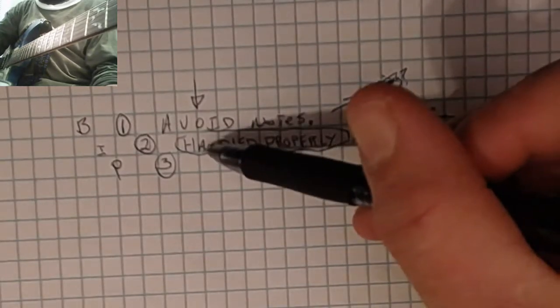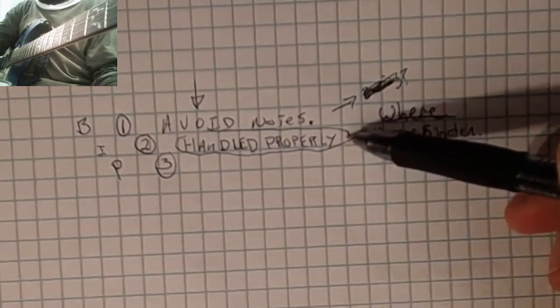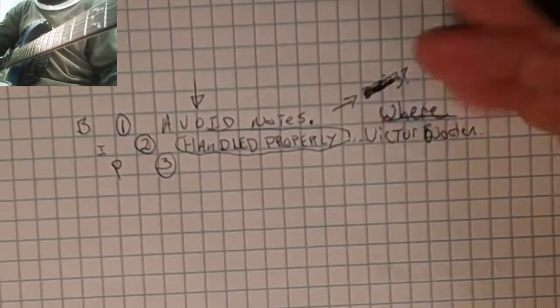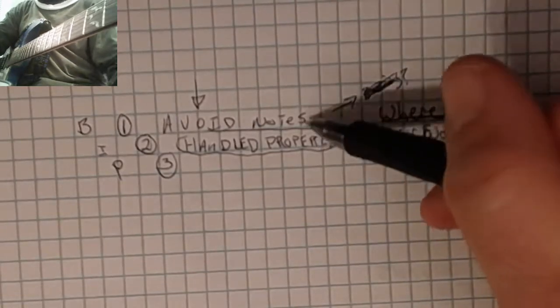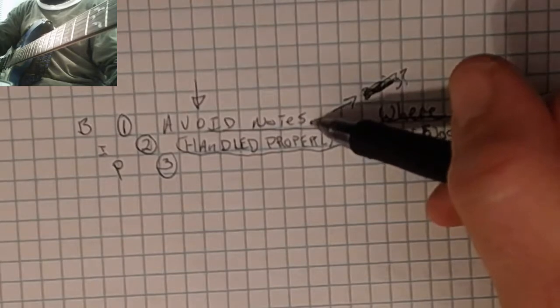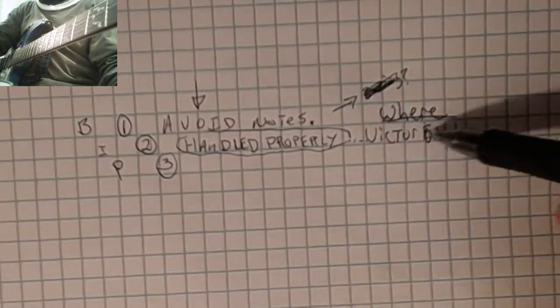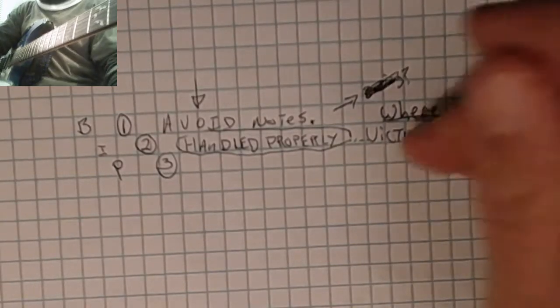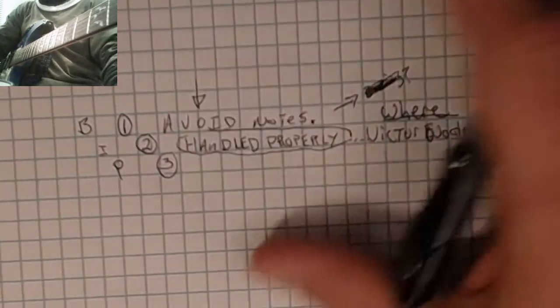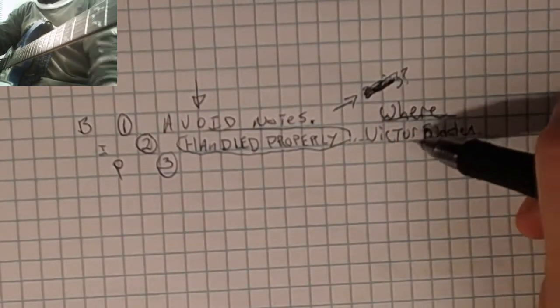If you handle those avoid notes properly, you can incorporate them into your playing, which relaxes you and makes you more comfortable and in the zone playing around these avoid notes. And when you get them, you can comfortably handle it properly. The Victor Wooten trick is pretty simple, which we'll go over when you see it manifested on the fretboard. The trick is move up a note or move down a note.